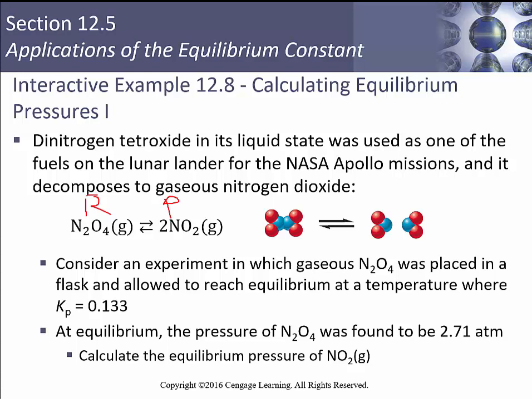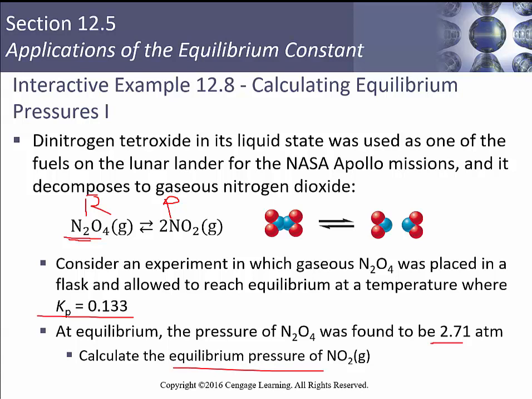If we consider an experiment in which gaseous N2O4 was placed into a flask and allowed to reach equilibrium at a temperature where our Kp is 0.133. Just looking at this, we know that if K is less than 1, we're going to favor our reactants more than our products. At equilibrium, the pressure of N2O4 was found to be 2.71 atmospheres. Calculate the equilibrium pressure of the NO2 gas.